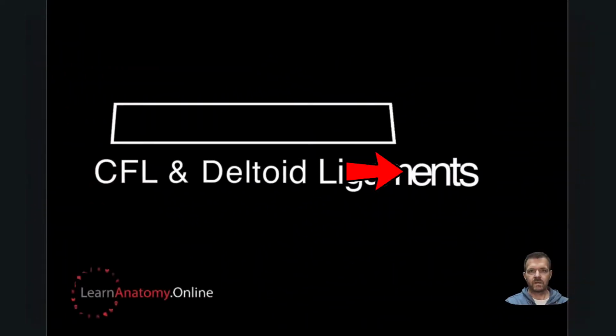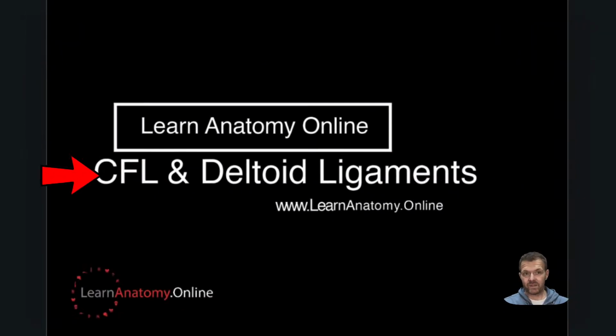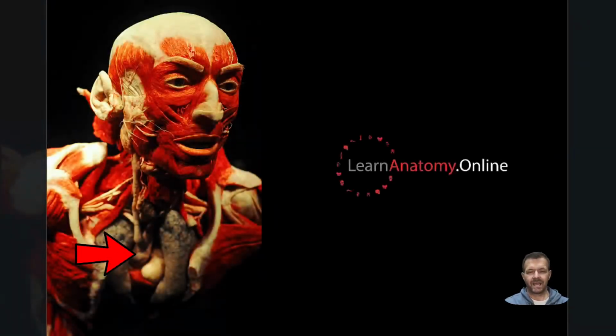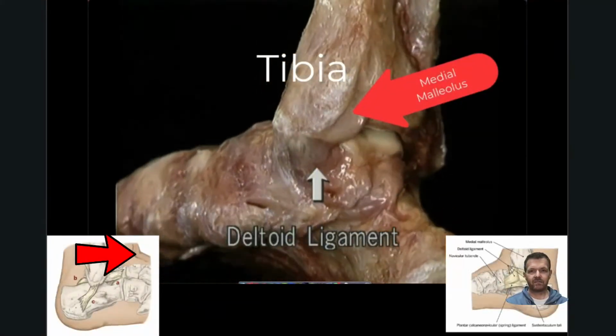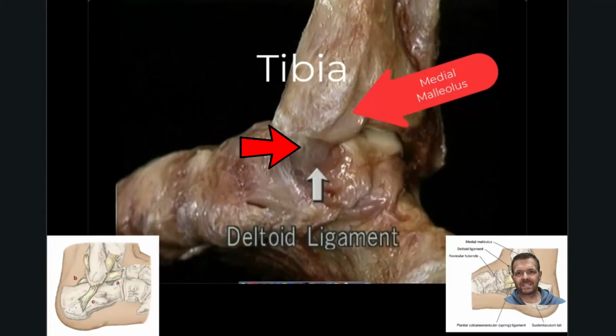Okay, let's have a look at the deltoids. Hopefully, here we go. So we've got the CFL on this one as well, calcaneofibular ligament, and the deltoid ligaments. And again, remember there were 4 of them, but when we look at the images, good luck if you can make out 4. Here's the deltoid ligaments all around here.